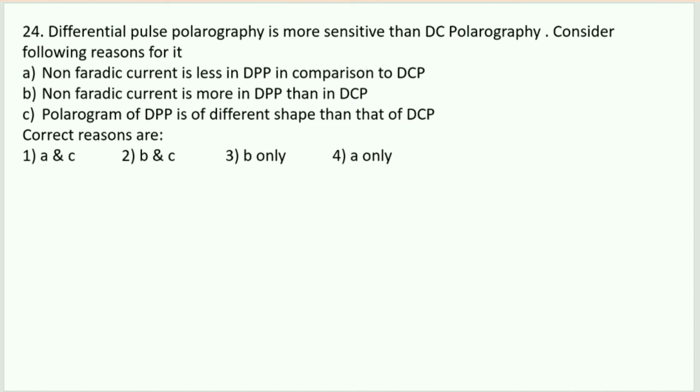The correct option is the fourth one, A only, because the DPP current is always at minimum value, it is non-faradaic current in DPP.